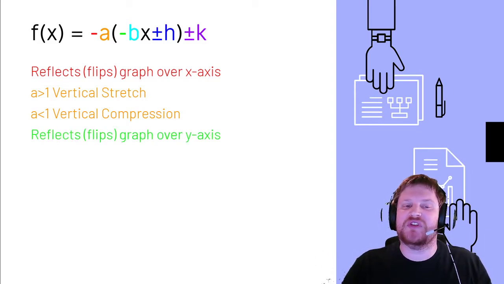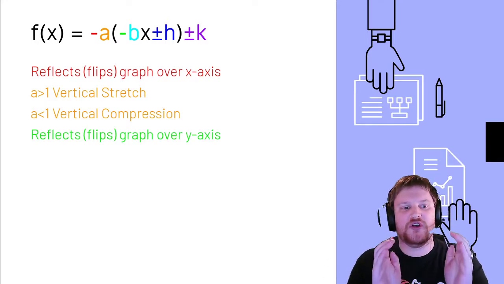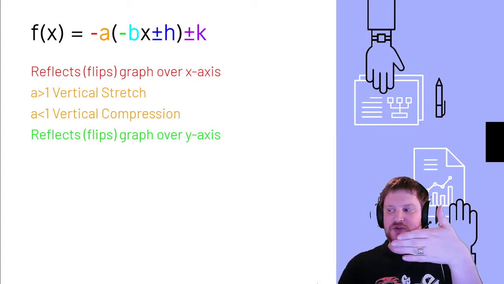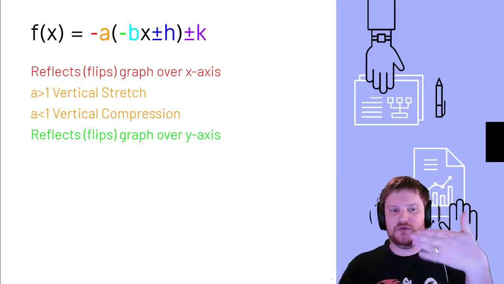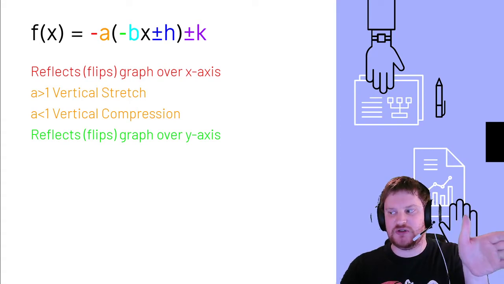Then we start to move to the inside, and everything in the parentheses is horizontal and backwards. So the negative sign on the inside of the parentheses flips the graph this way over the y-axis, but that is a horizontal reflection.